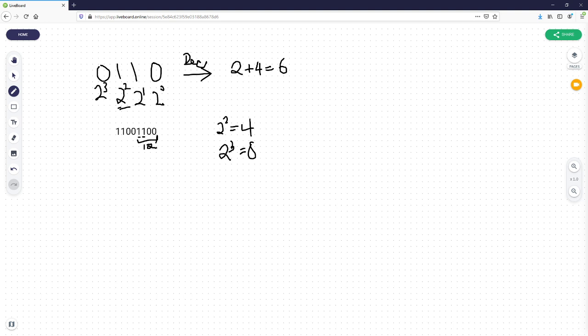Now this is 2 to the 4's place. There's no conversion that I know of in Python, or maybe there is. I think there might be.